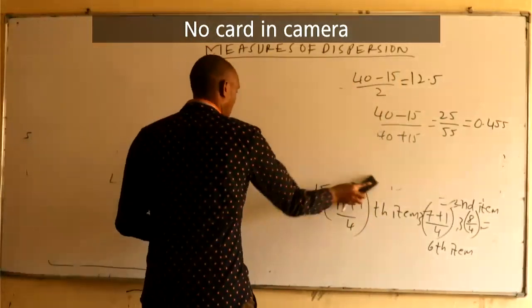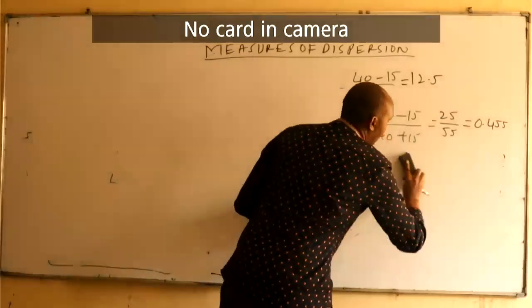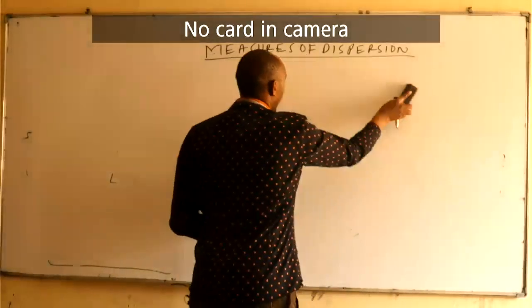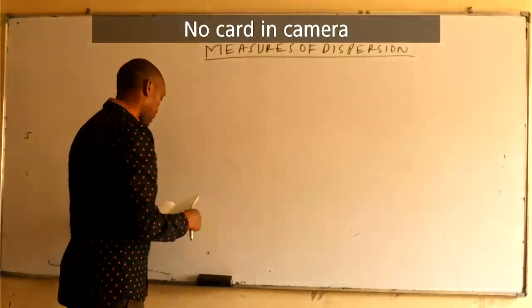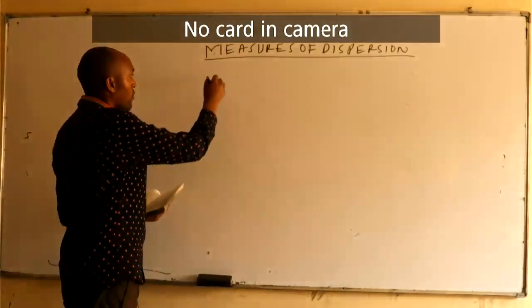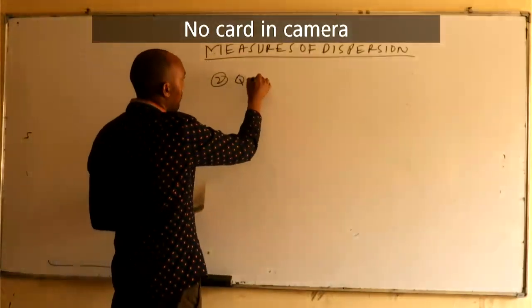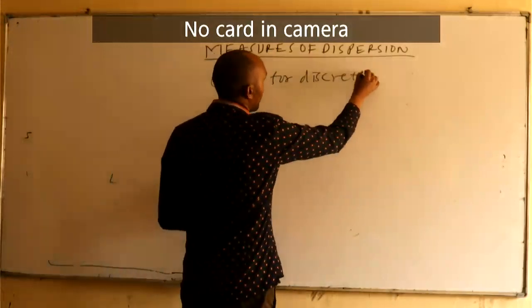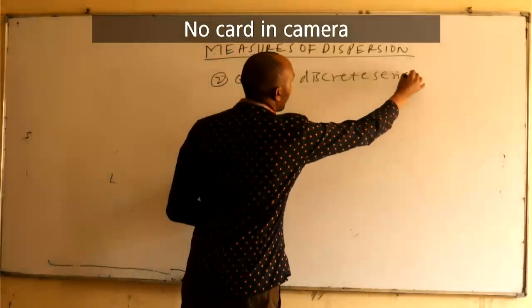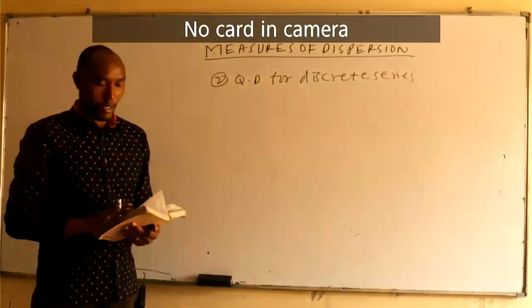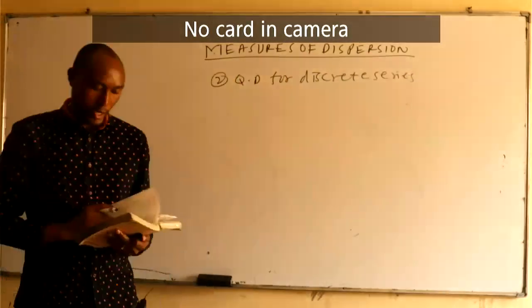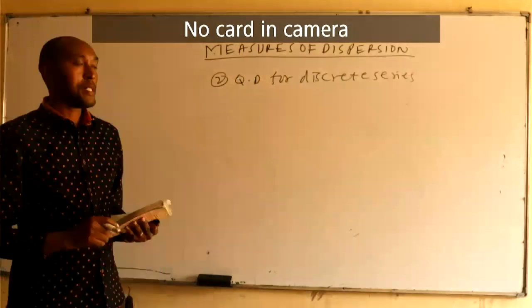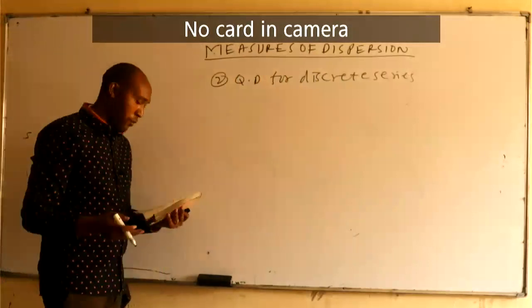We are going now to calculate an example that you have been given: quartile deviation for a discrete series. Compute quartile deviation and its coefficient.